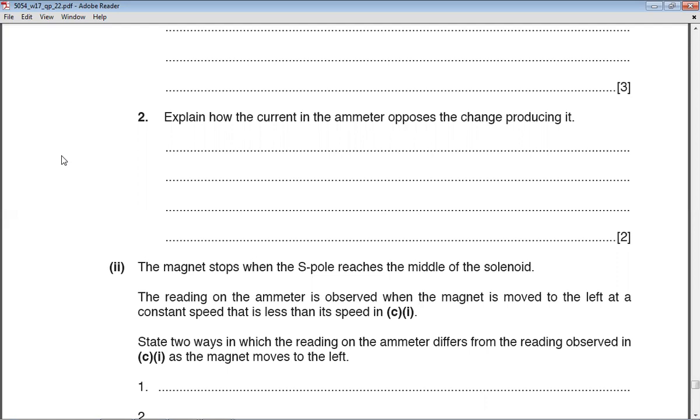In simple words, you can say the current which will be induced in the solenoid, its direction will be such that it will try to oppose the cause which is producing that current. Let me show you my answer.